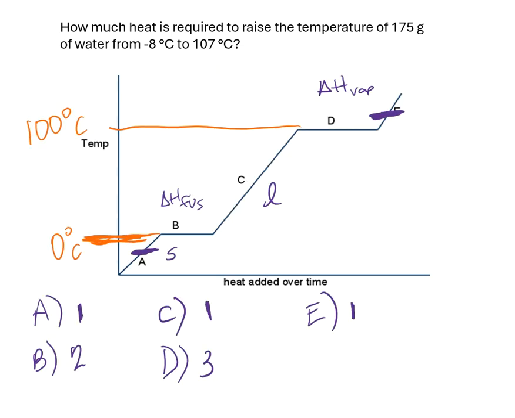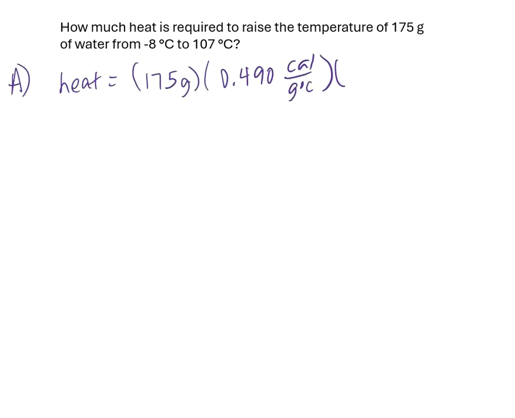So if I go back to that heating curve again, if we're starting here and I just put an estimated line here, in order to get to B, we have to go up to this point, which is our 0 degrees. So for that first equation, when we're talking about our change in temperature, we're really saying how much does it take to go from -8 to 0.